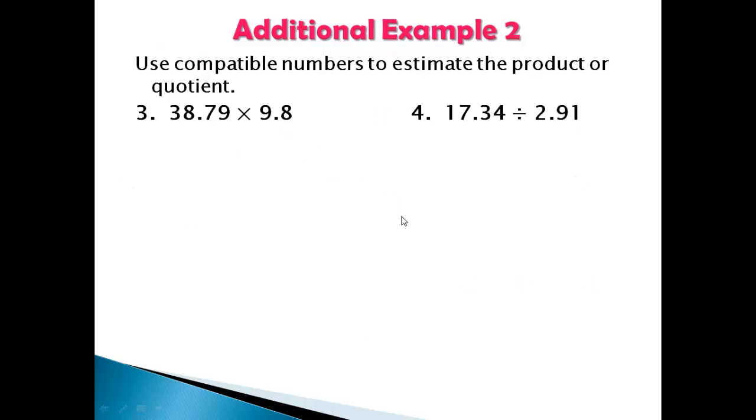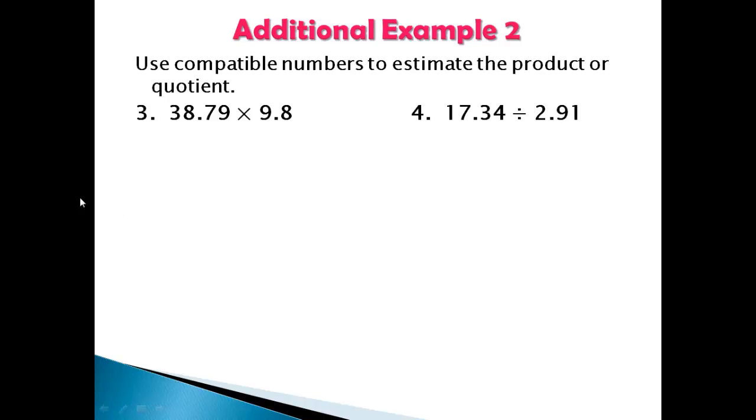Now we have an additional example. You can pause the video and try it on your own, or you may follow along. We're going to use compatible numbers to estimate the product or quotient. For number 3, 38 and 79 hundredths times 9 and 8 tenths.